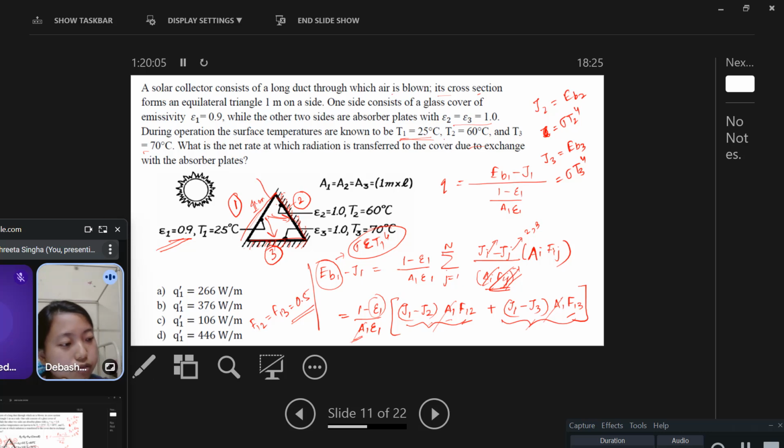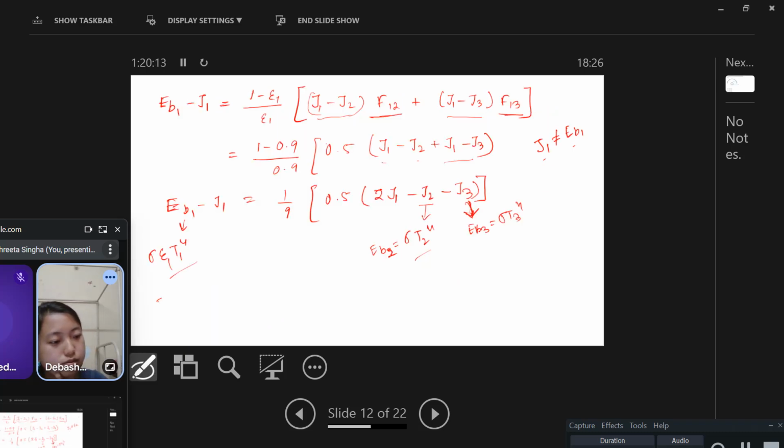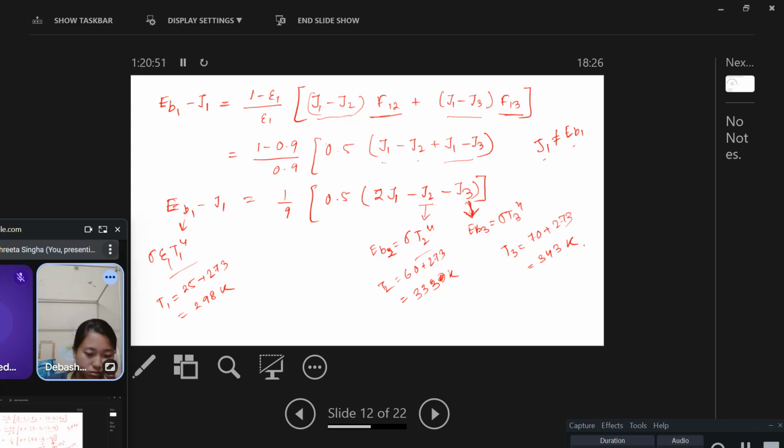These are in Celsius, so you have to convert into Kelvin. Calculate what J1 is.